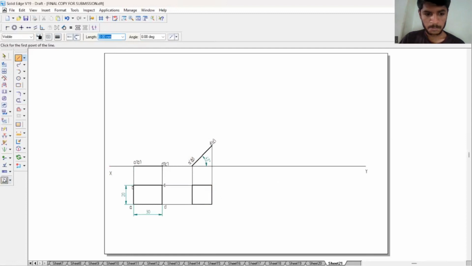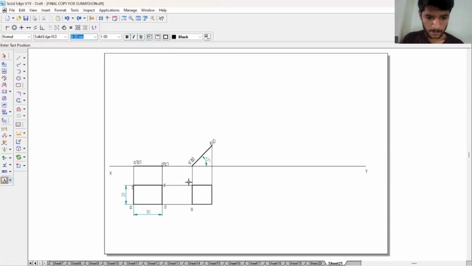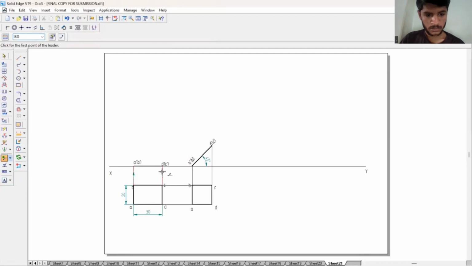And let's give text to all those points on the corners. Okay, it must be A, B, C, and D. Let's show from where we drew.